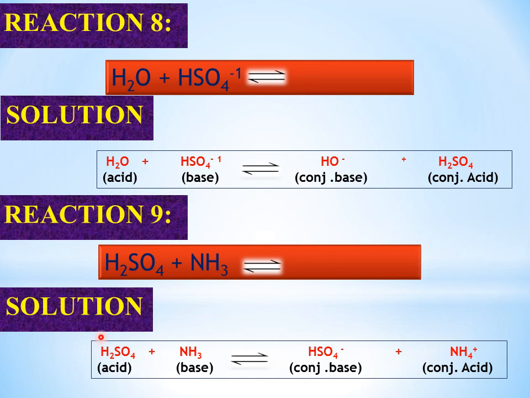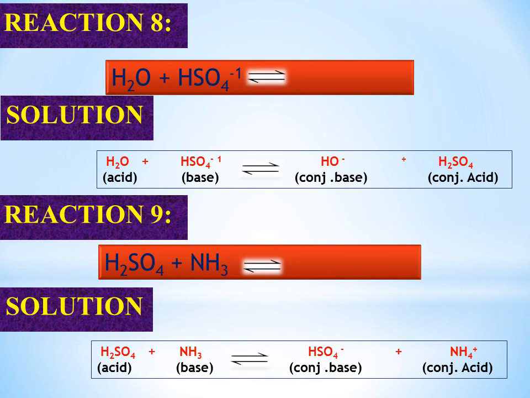So when this lone pair attacks this proton, it will form the ammonium ion, and this will act as the conjugate acid of this ammonia base, and the left one will be HSO4 or bisulfate ion, and this will act as the conjugate base of this sulfuric acid.